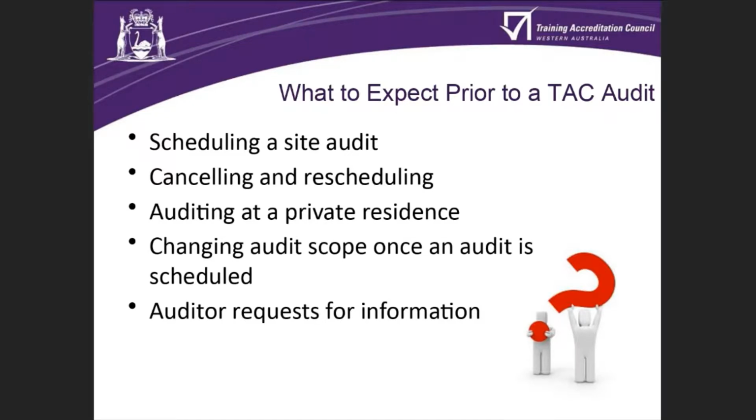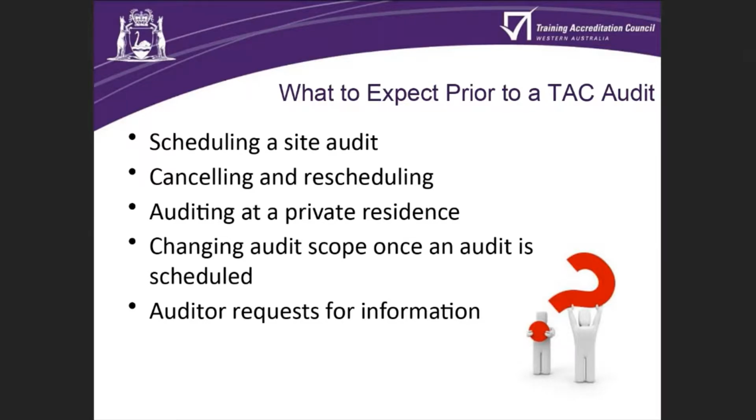So it's up to you, if you are informed of an auditor that you think there might be a conflict of interest, to go back and give them an explanation of why that auditor shouldn't be considered for conducting the audit on your RTO. It doesn't mean that you can just say, I don't like that auditor.